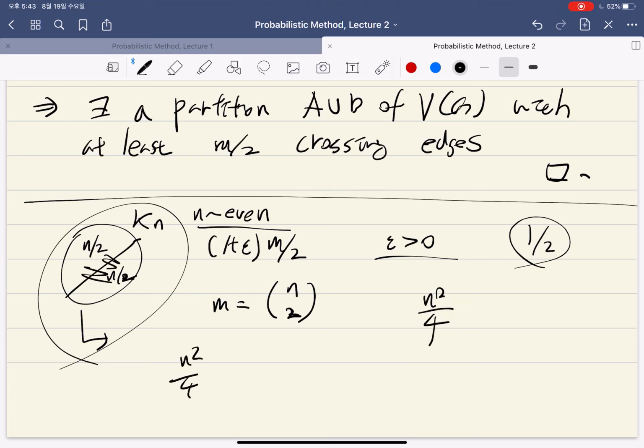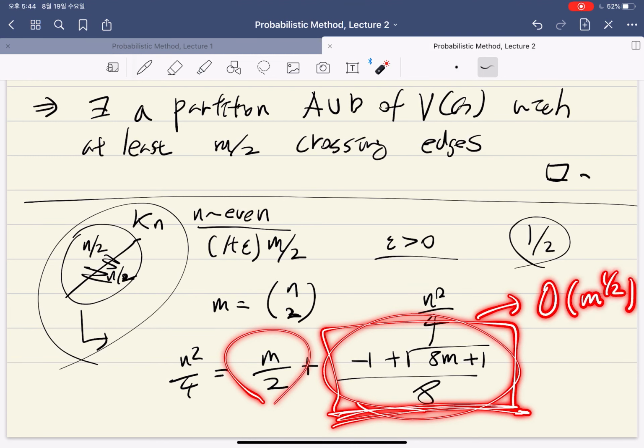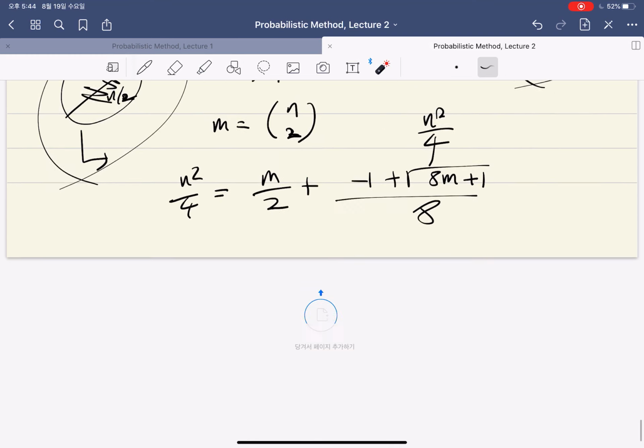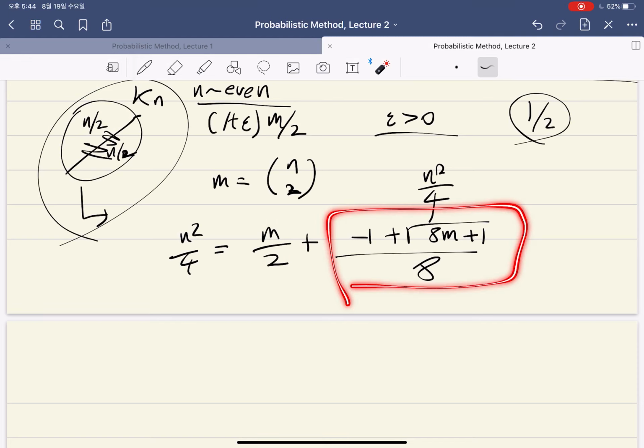And this n squared over 4 is actually m over 2 plus (negative 1 plus square root of 8m plus 1) over 8. So this is m over 2 plus some sublinear term, some term which is on the order of m to the 1 over 2. So even if we cannot improve this constant, one might ask whether we can do better than this m over 2 by a certain amount.